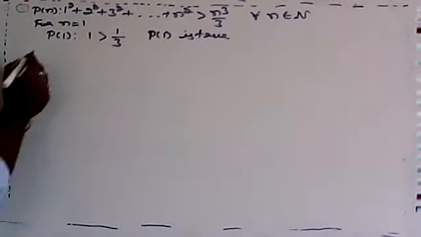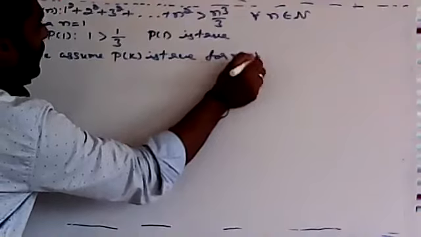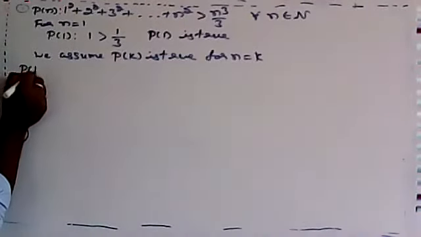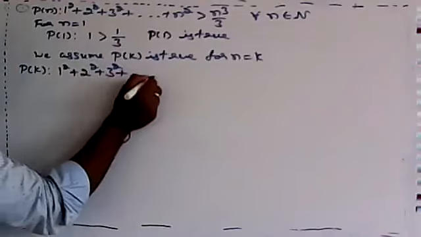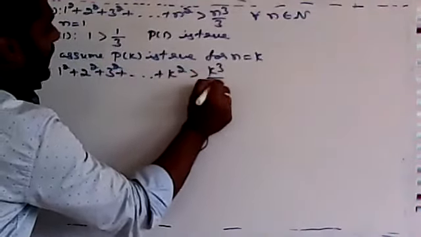In the same way, next we have to assume, no? We have to assume P of k is true for n is equal to k. Then P of k is 1 square plus 2 square plus 3 square plus so on up to k square, which is greater than k cube by 3.